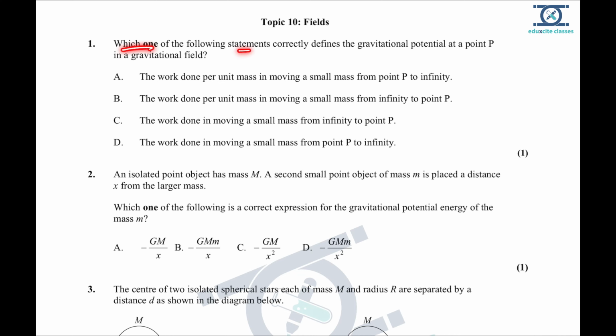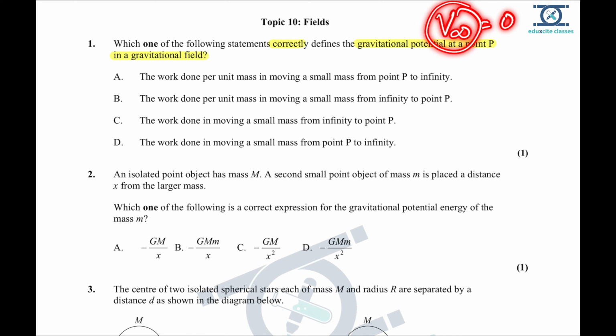Which one of the following statements correctly defines the gravitational potential at a point P in a given gravitational field? We know that the gravitational potential at any point is defined by the amount of work done per unit mass in moving a test mass, or a small mass, from infinity to point P, because we know that the potential at infinity is 0.